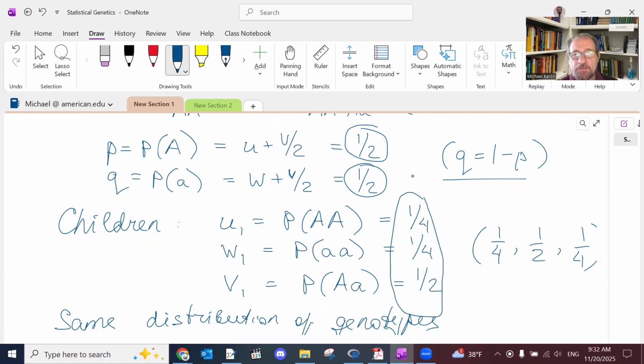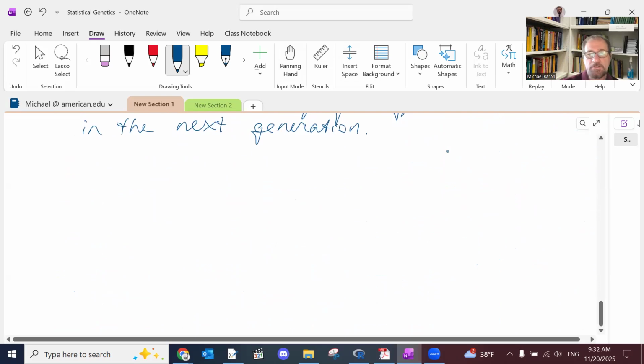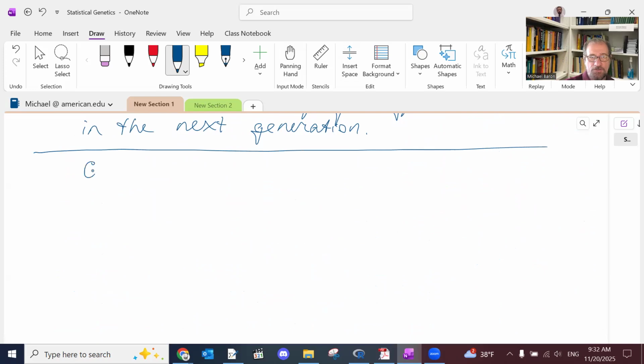Let's try to understand why this is so. Is it always the case? Let's try to consider the general case. General situation, when we start with the distribution of genotypes U, V, and W. The sum of them, of course, equals 1.